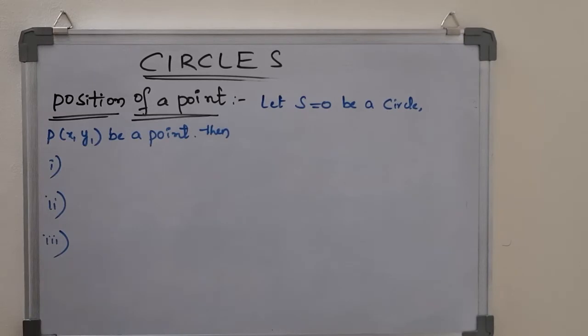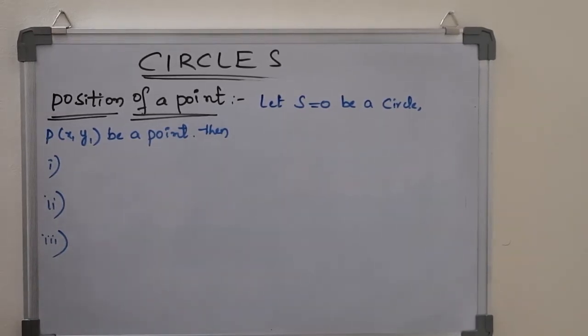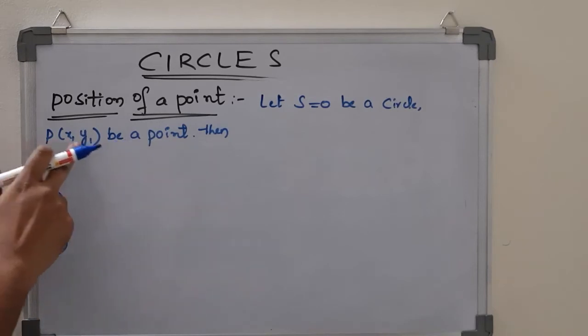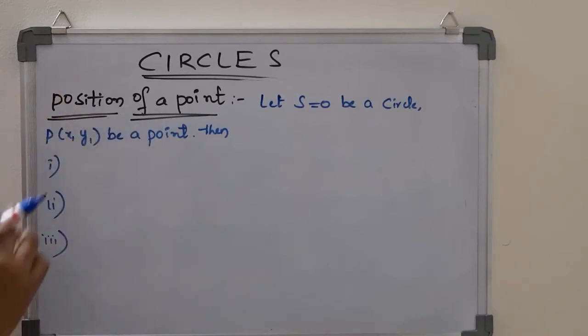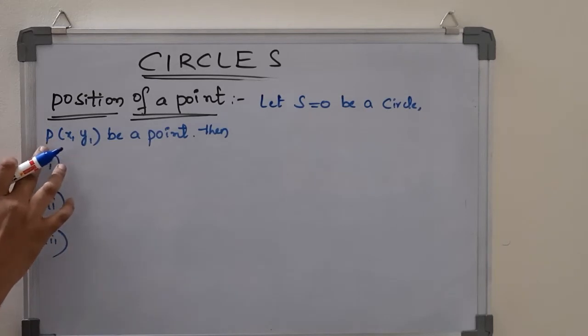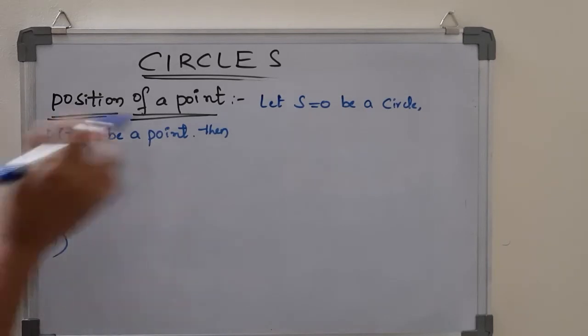Next, position of a point in a circle. Consider S equals 0 to be a circle, and there is a point P(x1, y1). Then the position of the point P depends upon this circle.